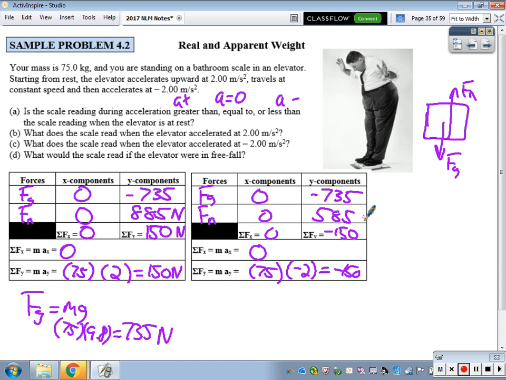Think of it this way. What would be the downward force that you would be applying on the scale if you and it were accelerating at the same rate? 0. So how much normal force would have to push back up on you at that time? 0. So the scale in free fall would read 0 newtons.